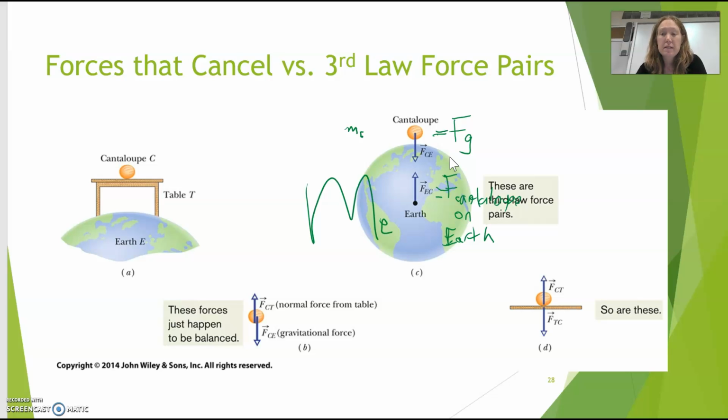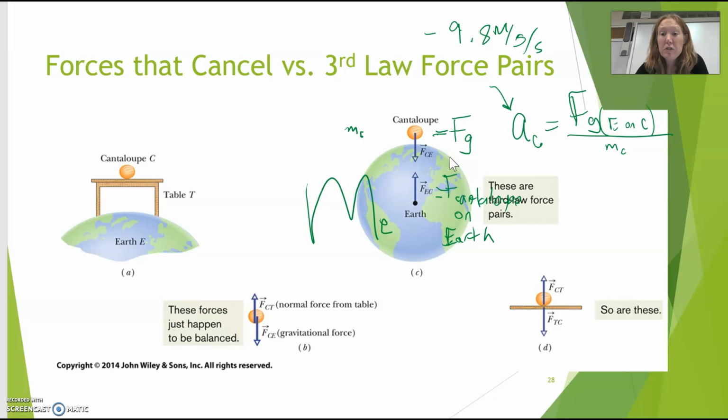The effects that we see in real life are really acceleration effects. Newton's second law applies here, and the acceleration of the cantaloupe is equal to FG, in this case earth on cantaloupe, divided by a very small mass. This is noticeable: negative 9.8. But do we notice the acceleration of the Earth?